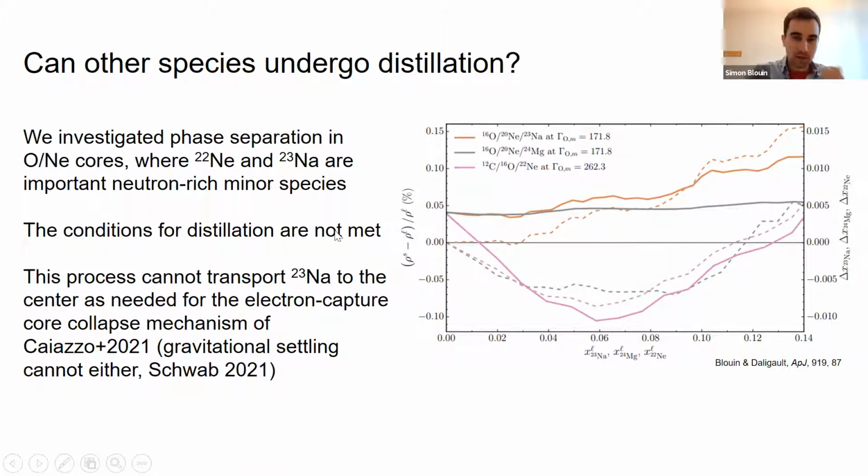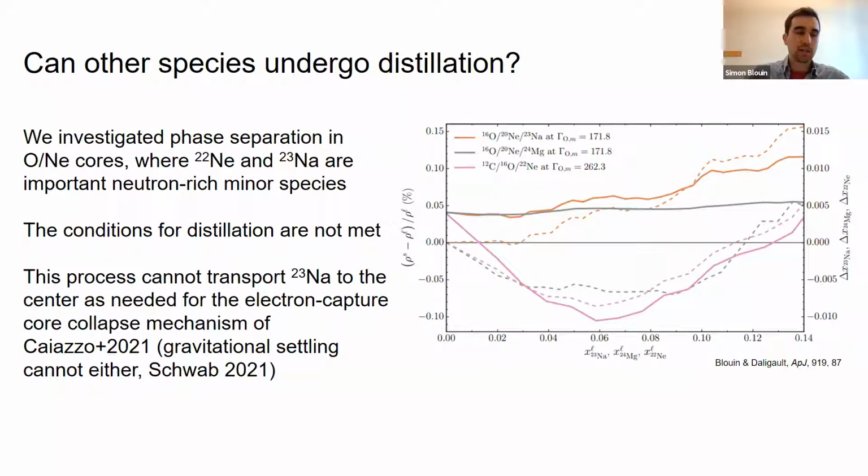The upshot of our analysis of this case is that we cannot find any combination of composition in oxygen-neon white dwarfs where the conditions for distillation are met. The crystals are simply always heavier than the liquid, so you just cannot trigger distillation.